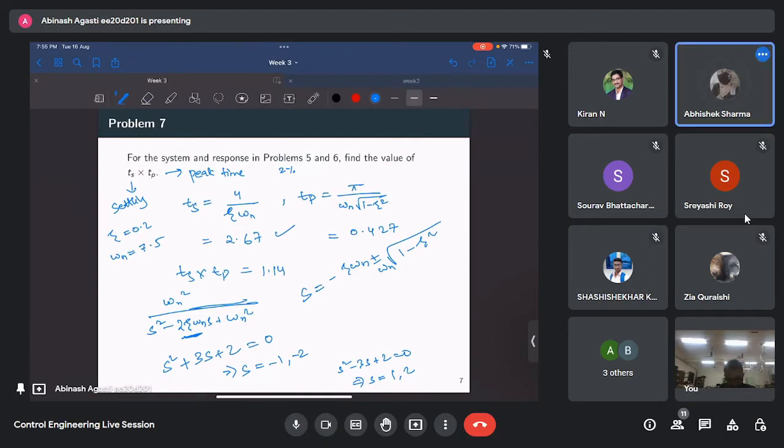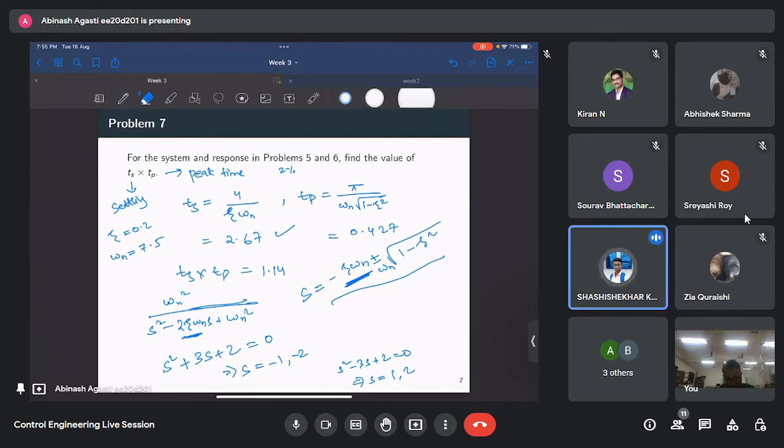Yes, sir. So basically it is asked in the response speed of a closed system, sir. From the point of view of stability and response speed of a closed loop system, the appropriate range for the value of damping ratio lies between.